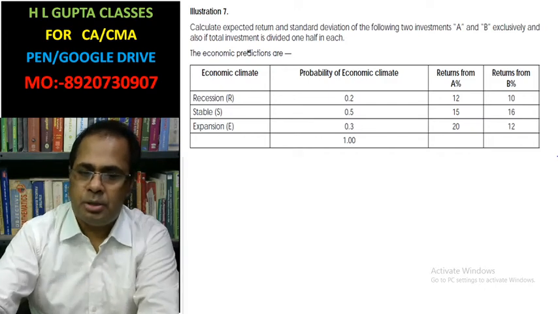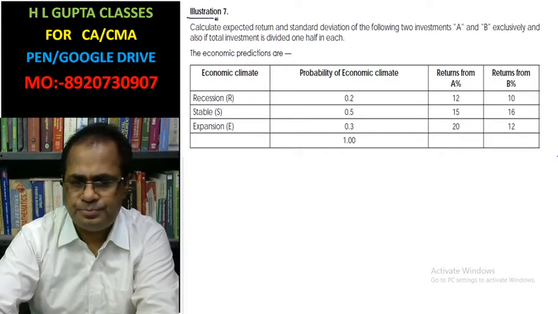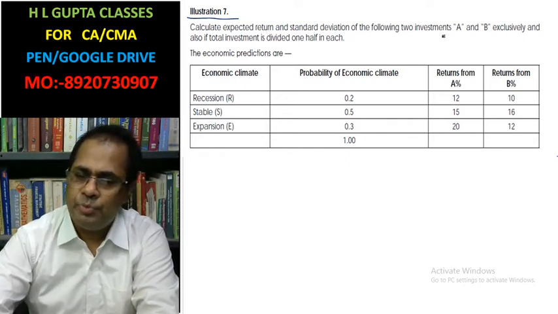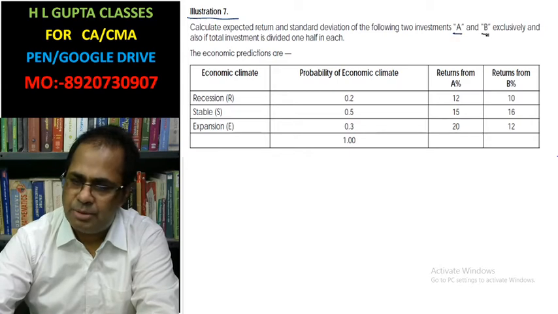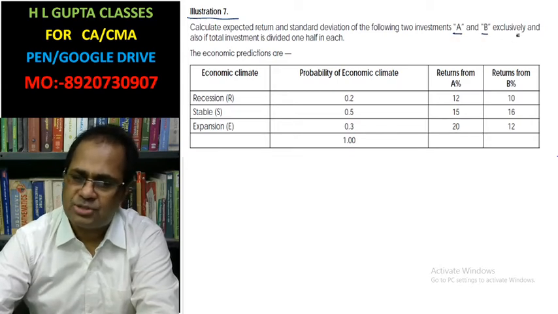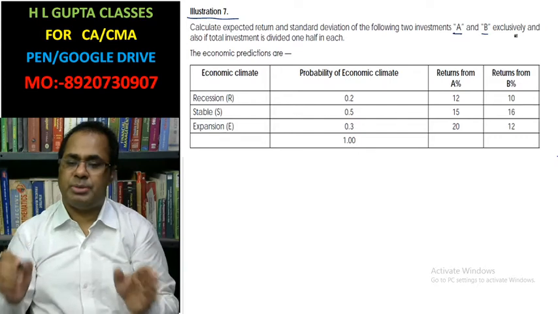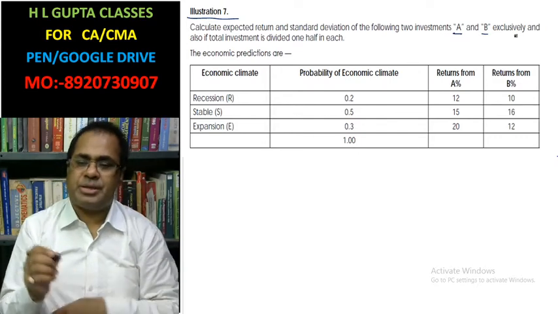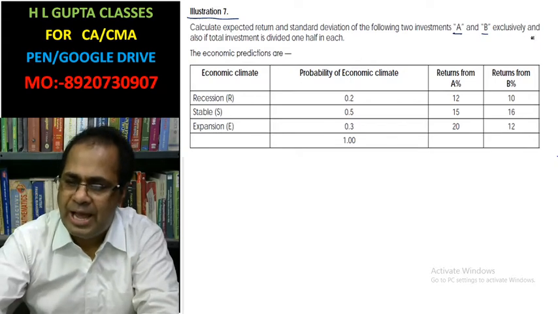Please read. In this illustration, calculate the expected return and standard deviation of the following two investments. One investment is A and one investment is B. Exclusively in both standard deviation and expected return you have to calculate separately.